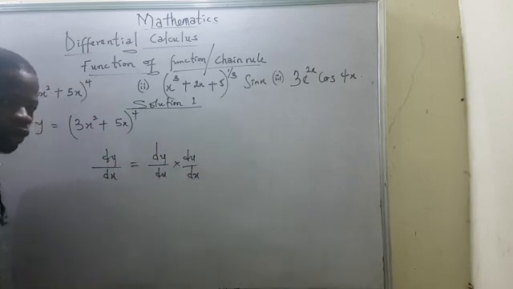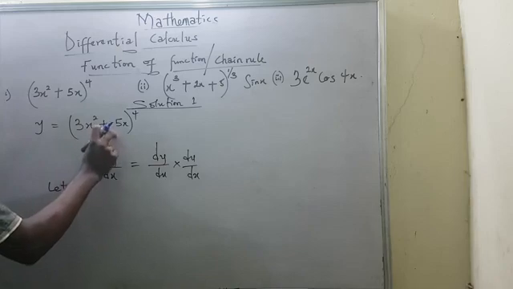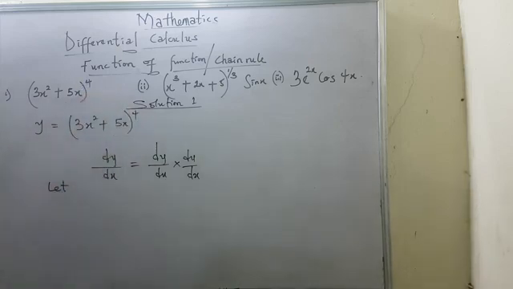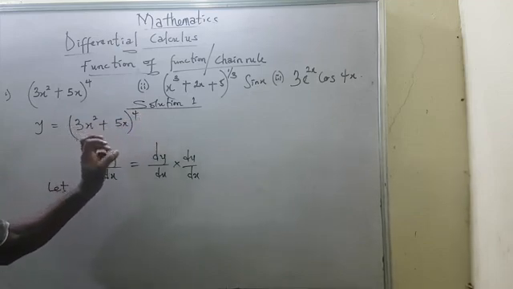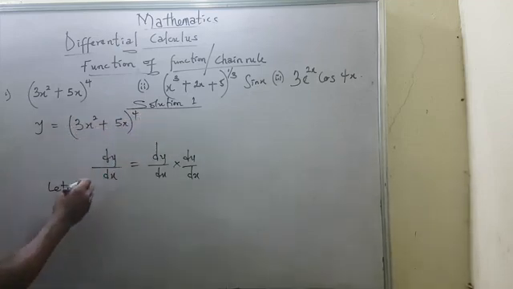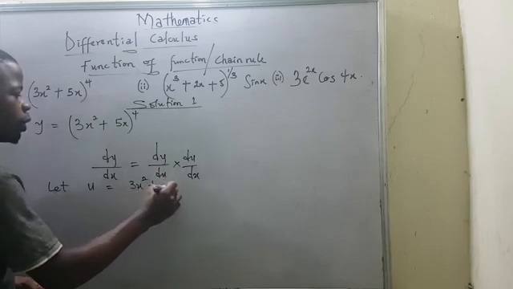This multiplication, this is what I mean. Look at this. It's going to be very hard for us to differentiate this function. There's a function here, and it has a power here. So it's like we have two functions, a function in a function. So we can just say let u be equal to 3x squared plus 5x.